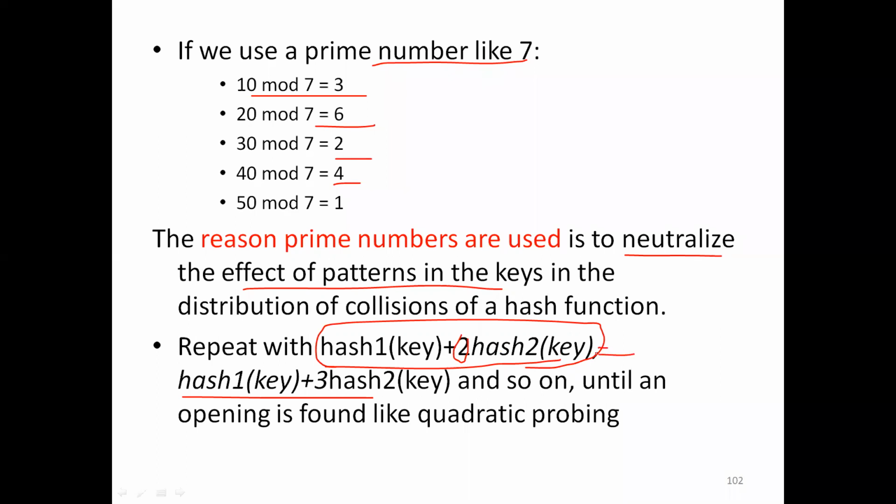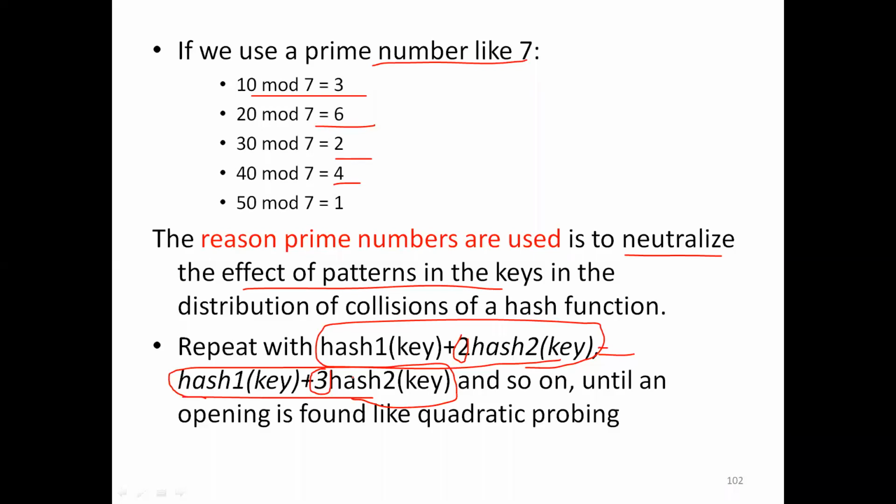For this formula, what is the index value? If again it's colliding, I have to try another hash function. Here I am using 3. Like this, it keeps on increasing until I find a free slot.